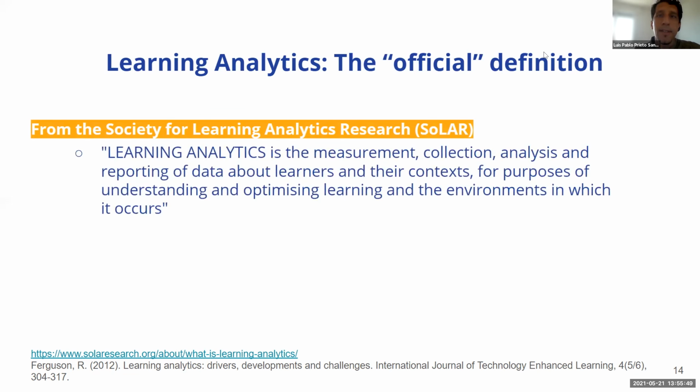It says that learning analytics is the measurement, collection, analysis, and reporting of data about learners and their contexts. And I don't think any of the definitions captured this: it's not only about the learners and what they do, but also sometimes their context, including, for example, the teaching, which can be part of the context of the learning.